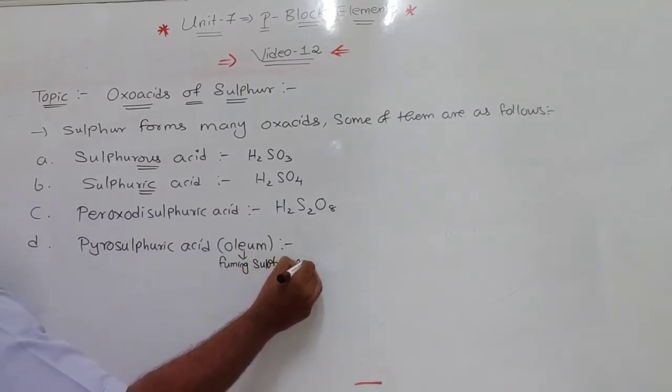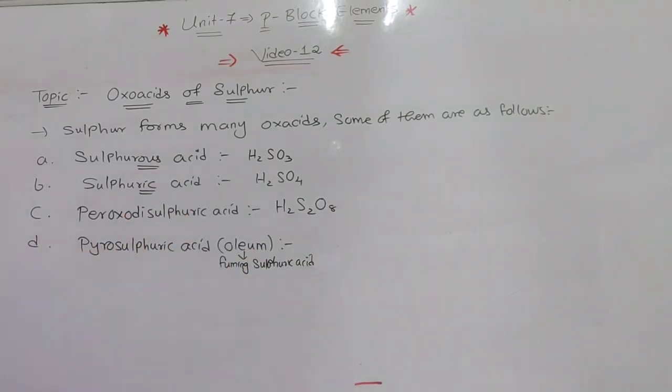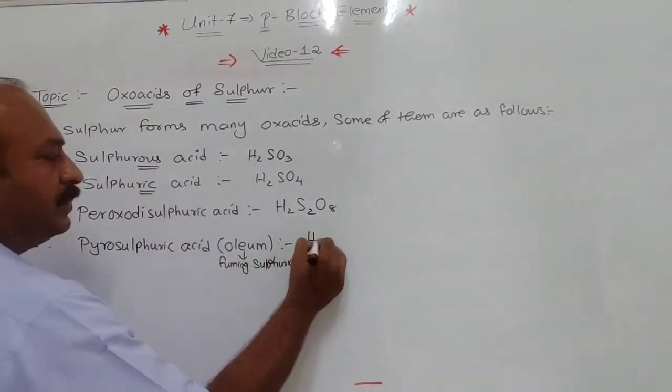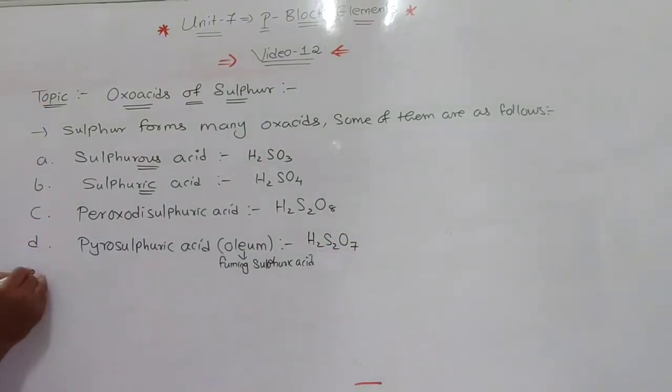Fuming means fumes keep on coming out from this. So oleum is a highly concentrated acid. The formula for pyrosulfuric acid or oleum is H2S2O7.